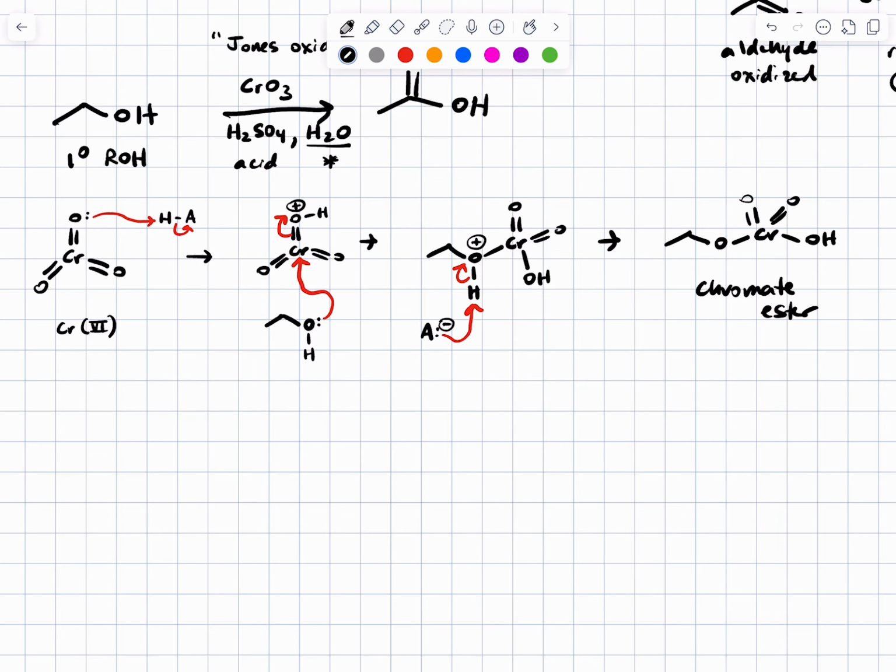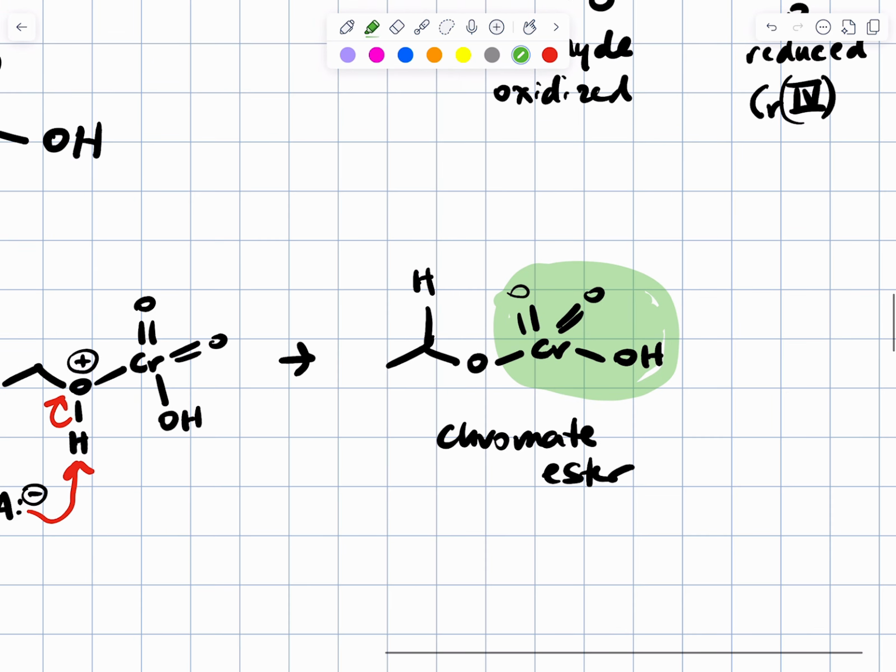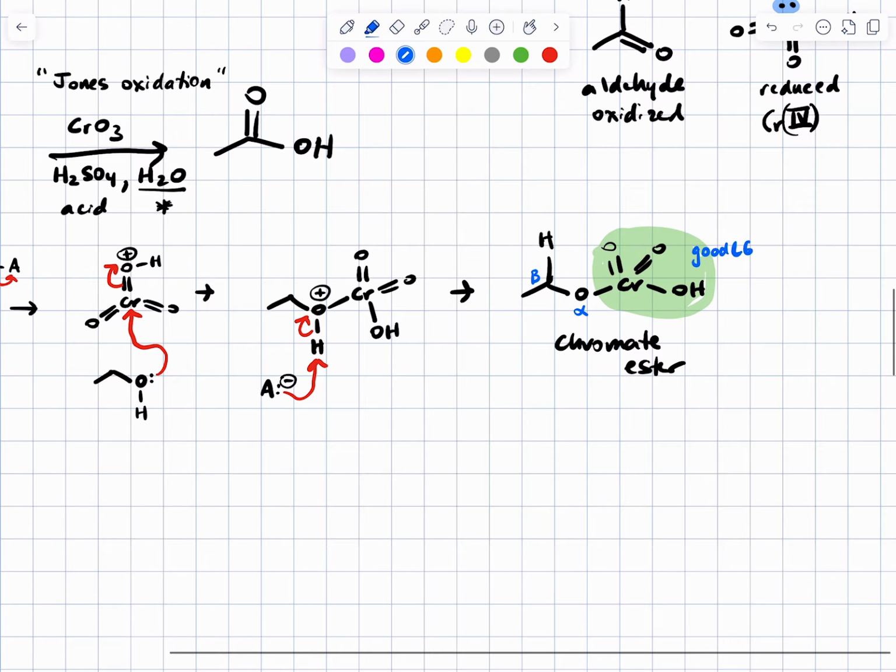Look at the structure of this as a leaving group and what we drew previously, and you'll see that their structures are totally the same. Okay? Like the chromate ester above, we've got a good leaving group on an oxygen with an adjacent beta proton. And so again, we're set up for elimination.